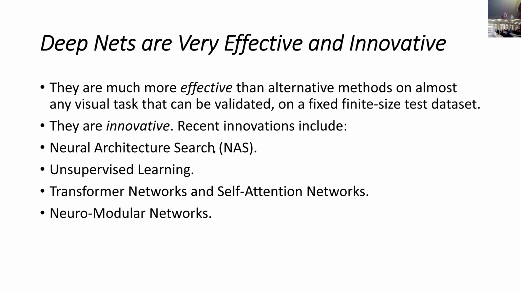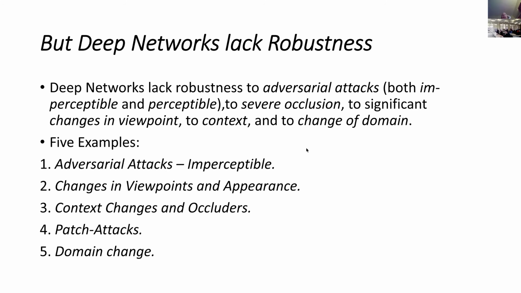Neural architecture search, unsupervised learning, transformer networks and self-attention networks, and neuromodular networks. I could give talks on many topics in this area saying how wonderful deep networks are. But I think it's more interesting to talk about the limitations of them and future challenges.